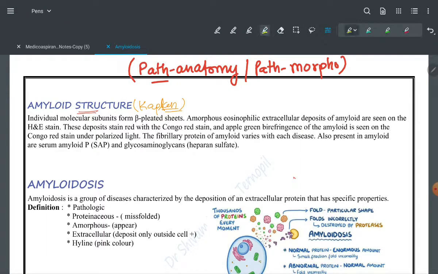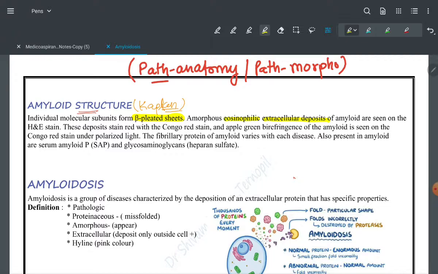Okay, so the important thing is that it is an individual molecular subunit forming a beta pleated sheet. From where does it form? It forms from protein structure. I will just decode it. An amorphous eosinophilic extracellular deposit of amyloid is seen on the H&E stain.